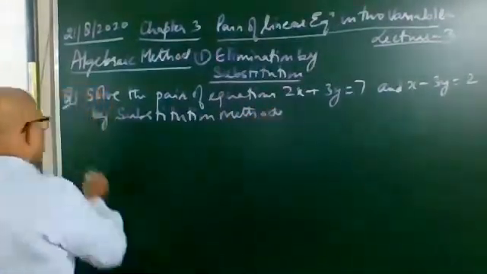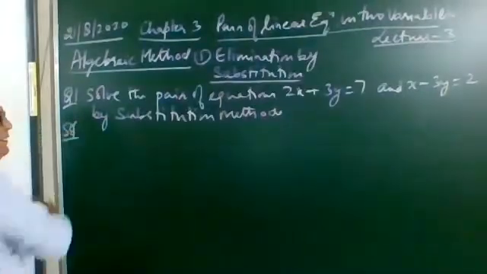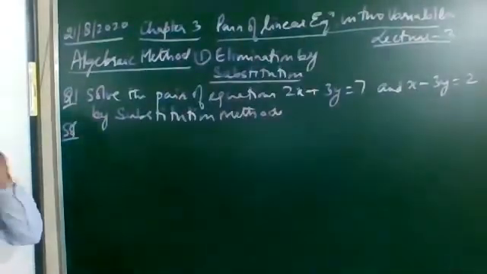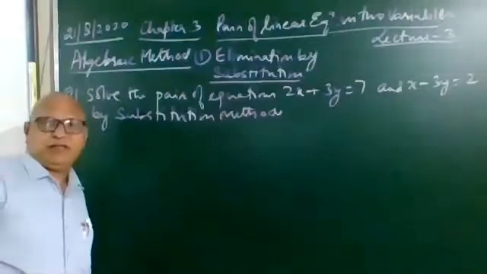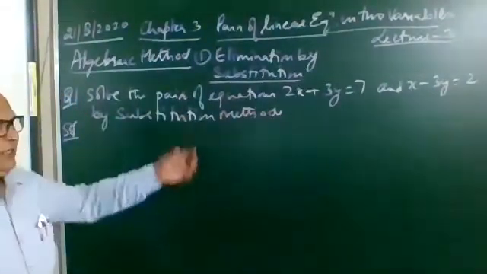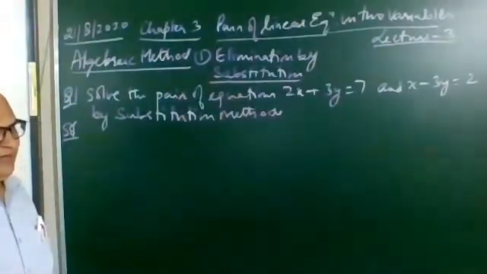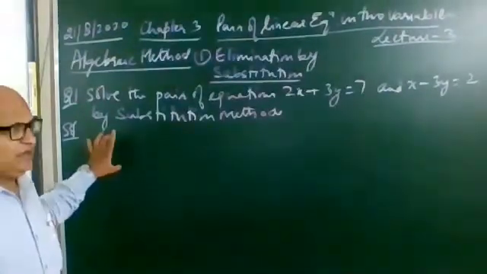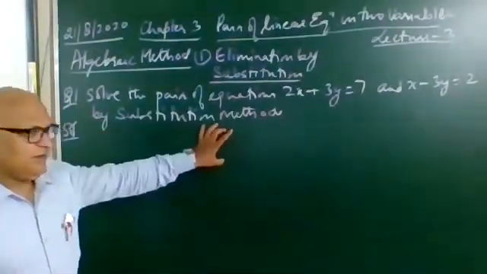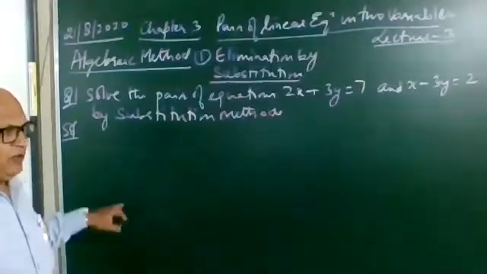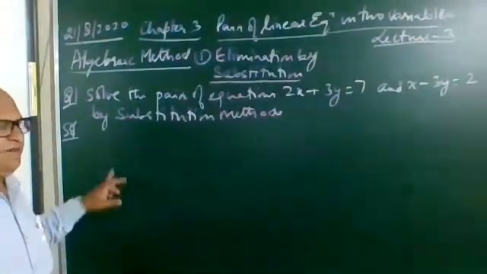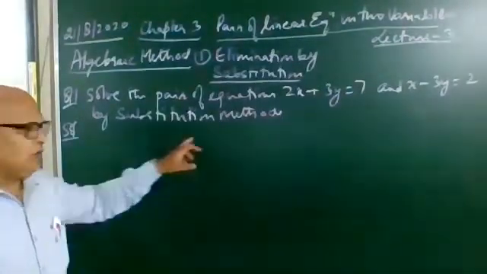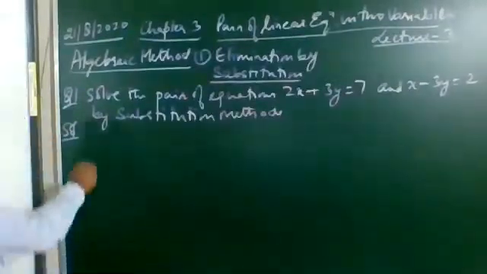Always remember that while doing this question, or any question of pair of linear equations in the board exam, the answer sheet has length. Width is only about 6 to 15 centimeters, but length you have. So the margin is here.